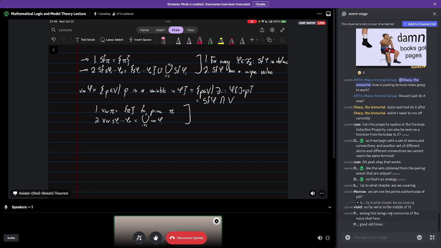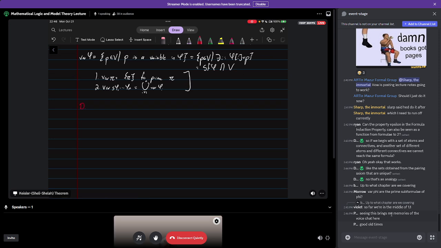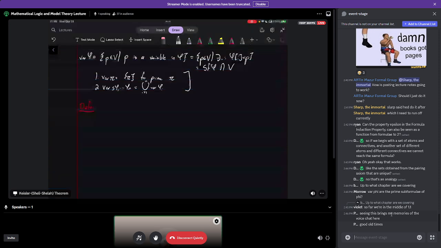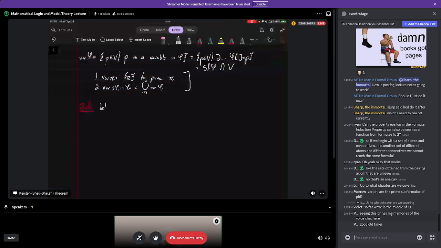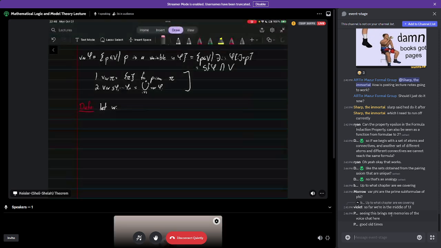Now we're going to use this idea of defining functions on formulas using recursion to define our main object for today. Let w be a function from V to {0, 1}, a valuation.